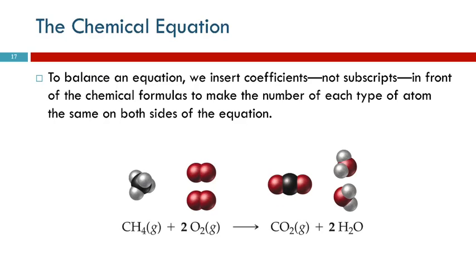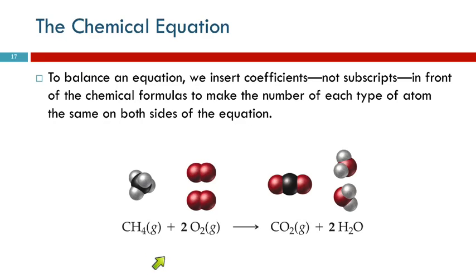We have 4 oxygens on each side. That also took care of our hydrogen problem, because now we have 4 hydrogen atoms over here, and we started with 4 hydrogen atoms. You can imagine taking these three little models apart and putting them back together, and you can make those three without any extra pieces, without having to borrow from somebody. Does that make sense? That is all a chemical equation is doing, describing what's going on here.